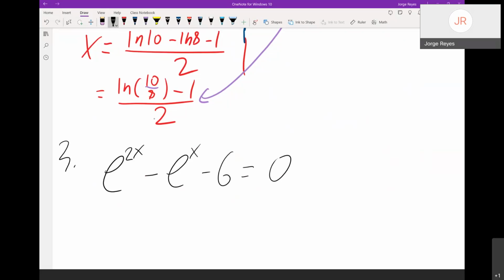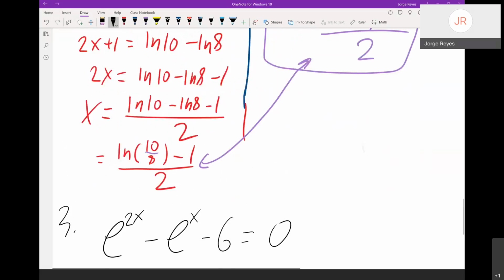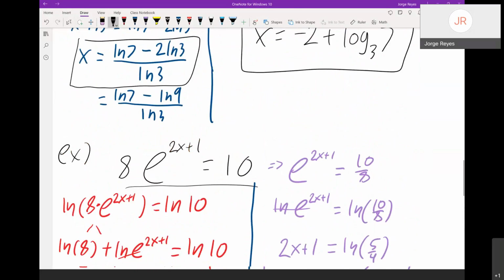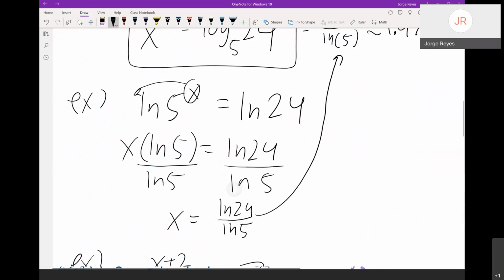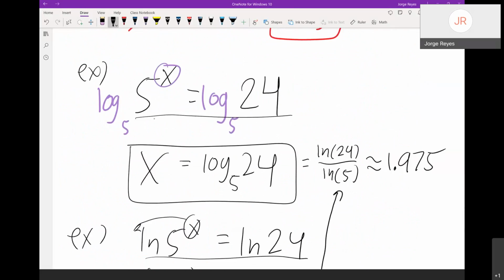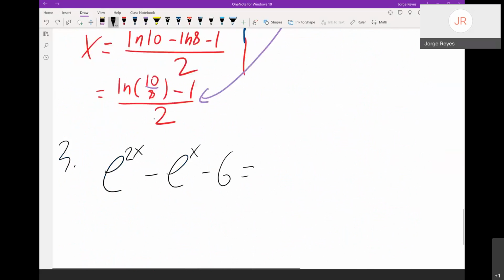Okay, and I want you to maybe pause the video and think, why is this harder than all the other examples I've done? Okay, so if you thought about it, if you look back, you'll notice something specific about all of these kind of questions. Okay, the very specific thing is they all only had 2 terms.